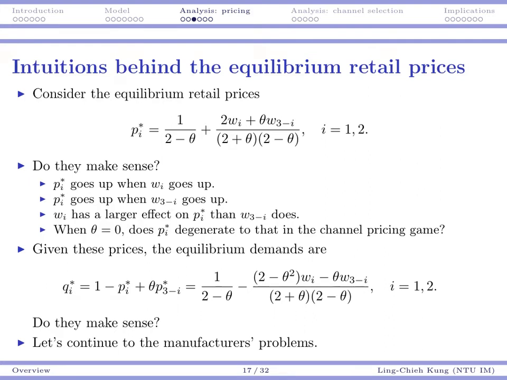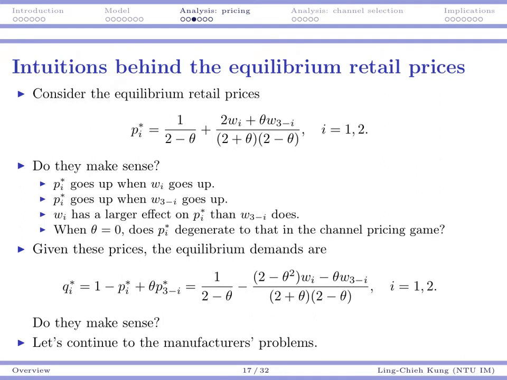We certainly want to do some verifications before we move on to the wholesale price game. For example, we can see Pi* goes up when Wi goes up. That makes sense, right? If the wholesale price goes up, then my cost goes up and my price will be forced to go up. Also, we can see my price will also go up when my competitor's wholesale price goes up.